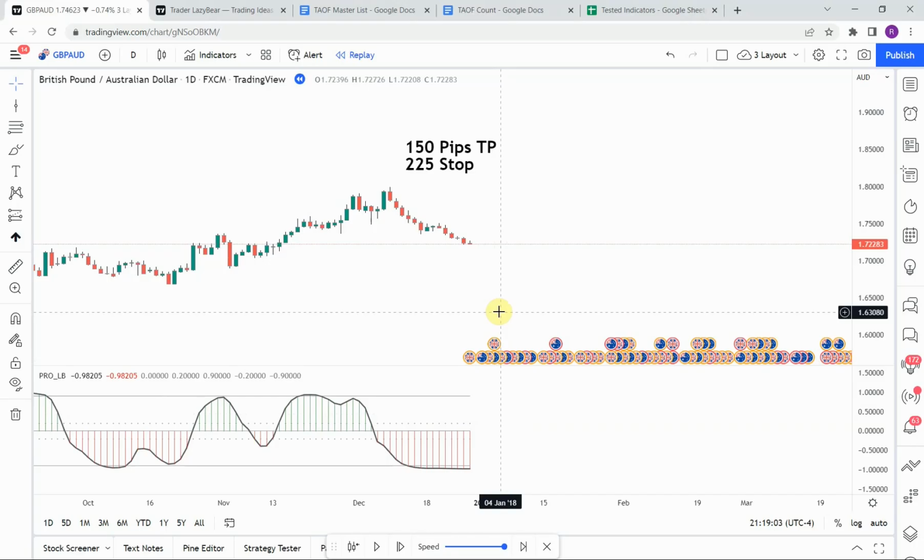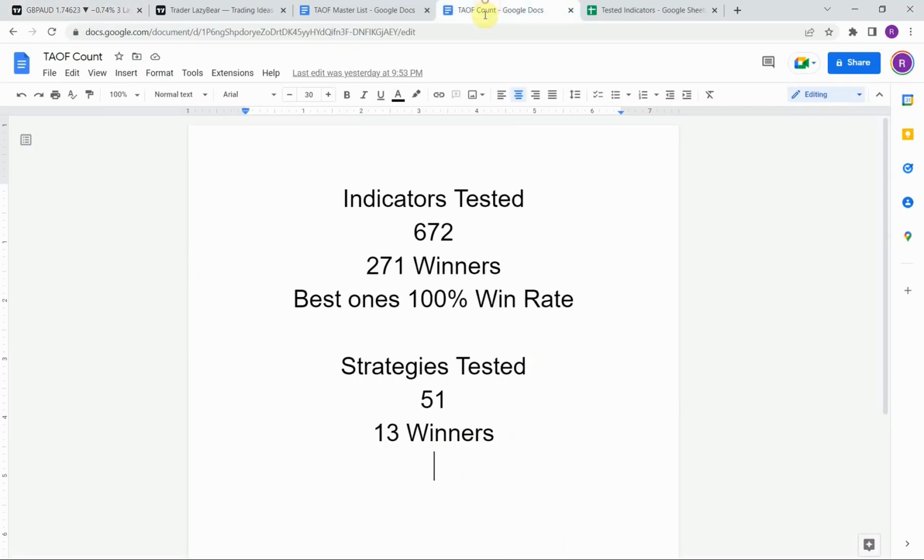Alright, as I said, today we will be testing the Premier RSI Oscillator. Before we do though, I wanted to put the testing scoreboard up for everyone to see. So to date, we have tested a total of 51 different strategies, with 13 of them being profitable. We've also tested a total of 672 indicators, with 271 of them being winners.